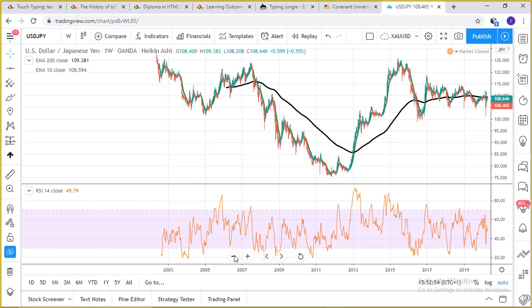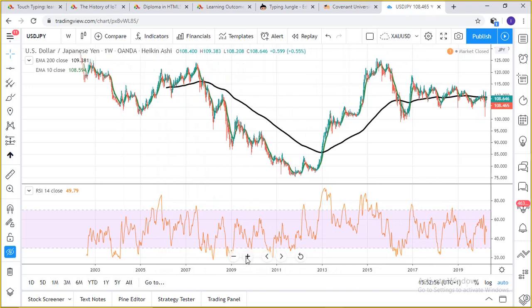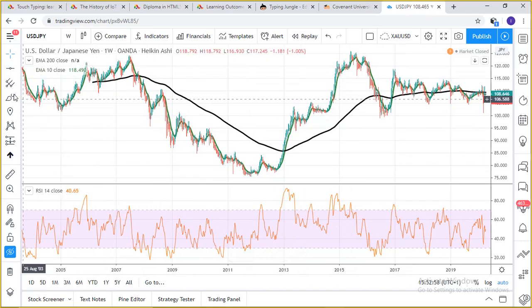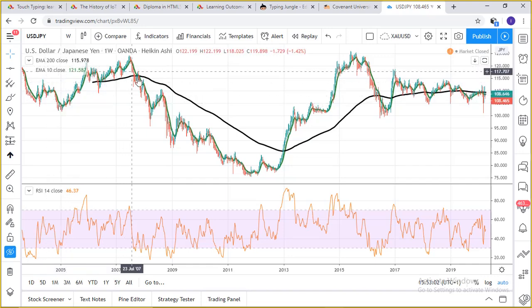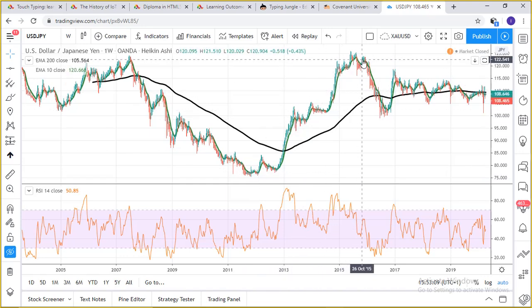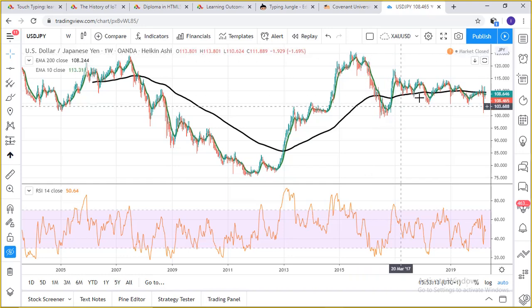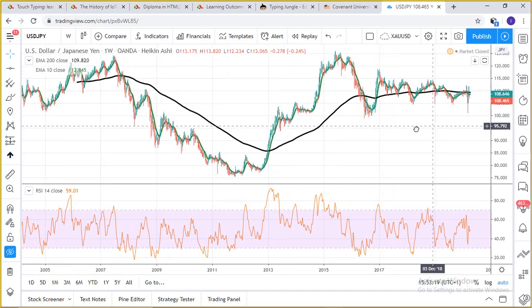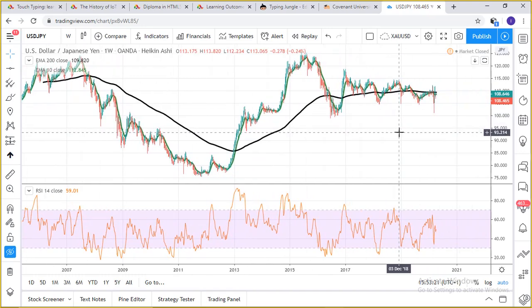Okay, that is what we have on USD/JPY. It sold, bought, then there was a big selling, and a big buying here. Then it came down, more or less wrapping around the EMA 200.